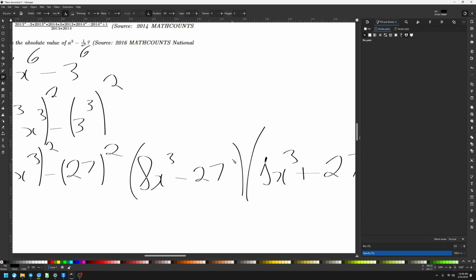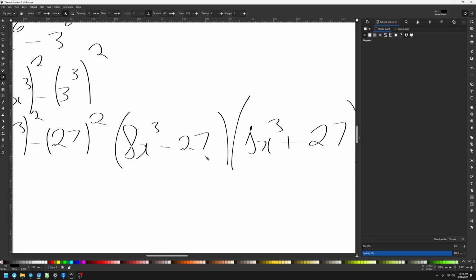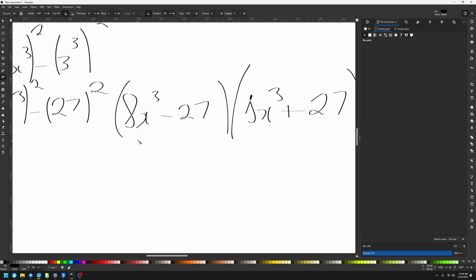Okay, this is similar to the last problem, and we're just going to use the same idea. So a is equal to 2x, b is equal to 3, and the same for that one.